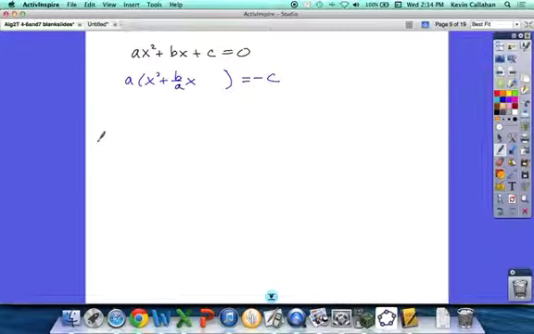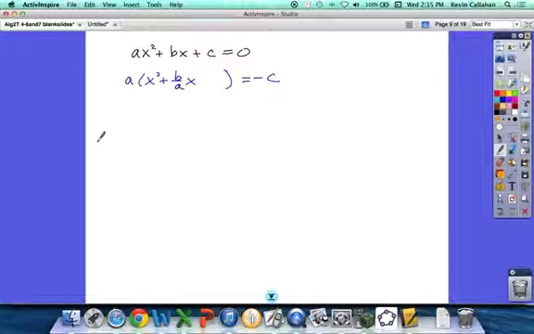Right? I just moved the c to the other side, and I factored a from the first two terms. Now, since all you had was the b in the second term, that's why we got an a in the denominator. And remember, whenever you factor something from a term, you should be able to use the distributive property and go back. A times b over a is b, right? The a cancels the a.